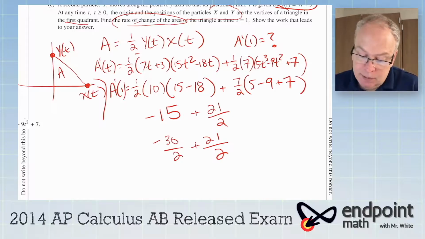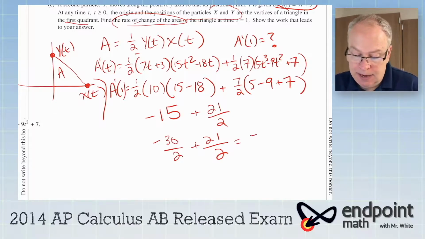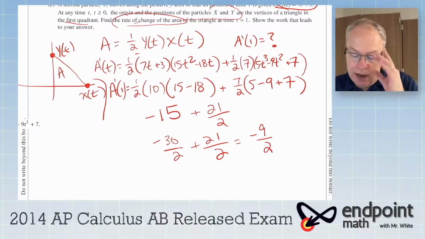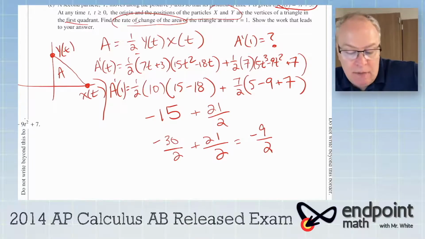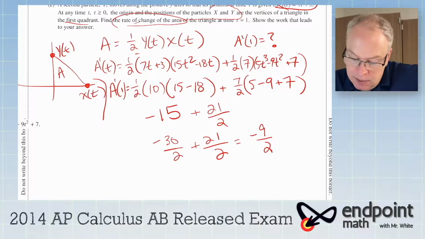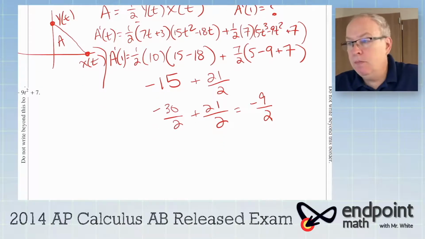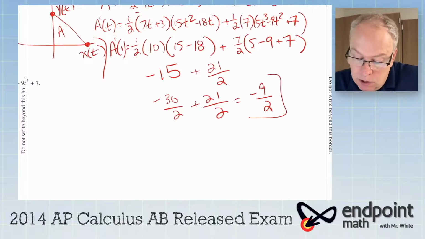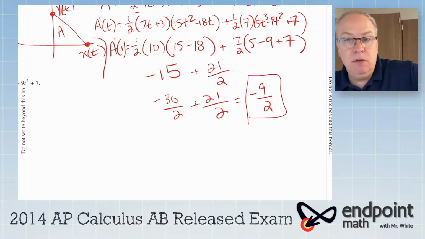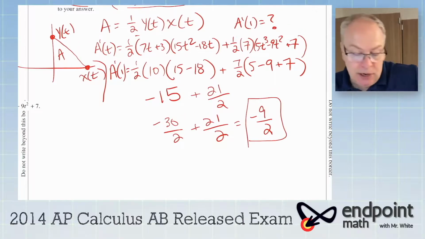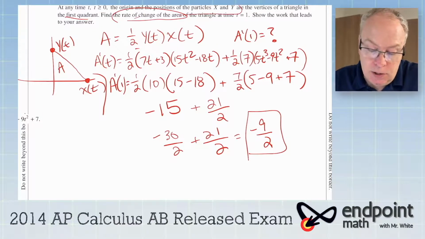We put all this time in this. We want to get it right. This would be negative 9 halves. Negative 9 halves. Now, do we have any units in this problem that we need to use? I don't see any. So, according to the rubric, we just need to show our work. The rubric says showing the area function.